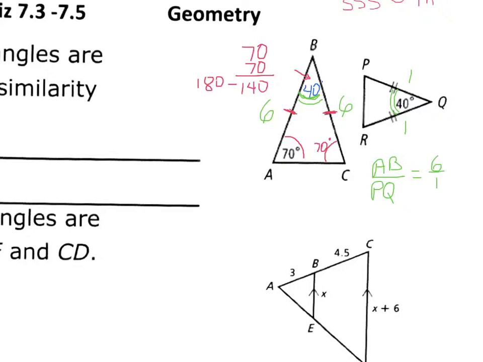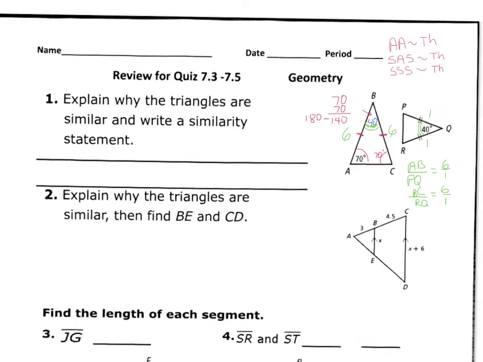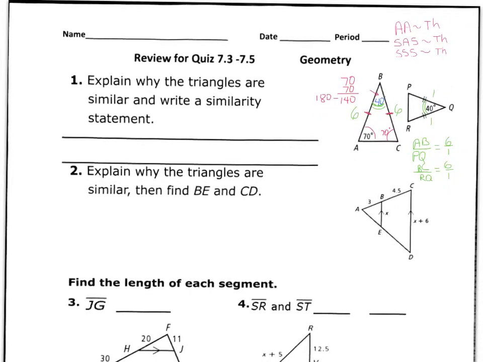And if you compare the other pair of sides, which is BC over RQ, the same ratio as the previous one, and the answer is yes, it's 6 over 1. So then the sides are proportional, and you have an included angle. So therefore, those two triangles are similar by the side-angle-side. So that's what you need to mention on those lines.